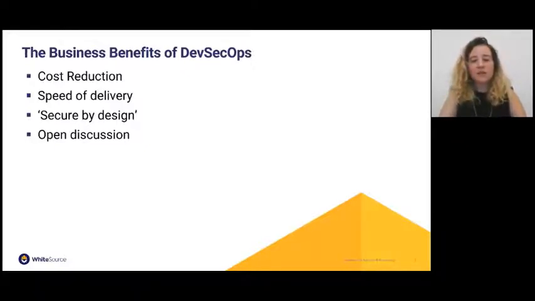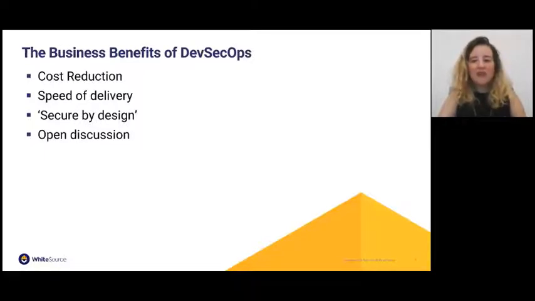Also, it's secure by design. So if you have a security person within your development team, he will make sure that the vulnerability is not enforced or stopped or rejected only when it comes to production, right? It will actually be eliminated a lot further left in the life cycle.